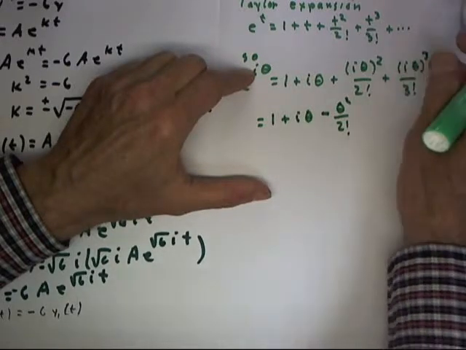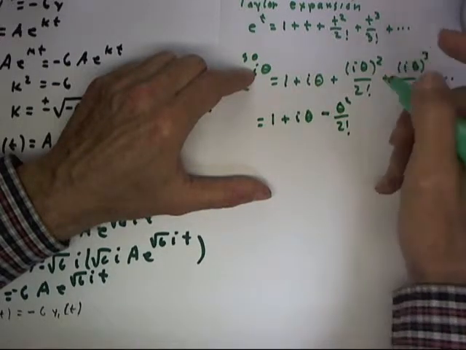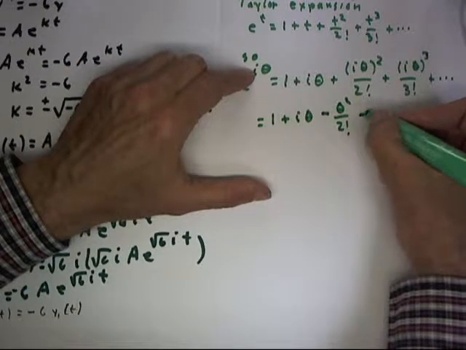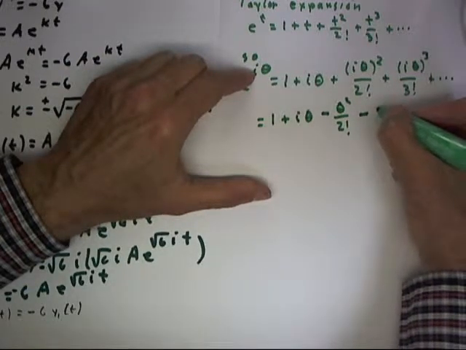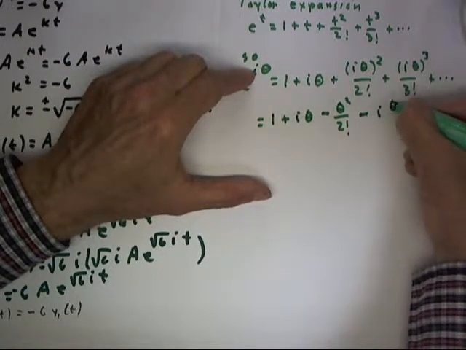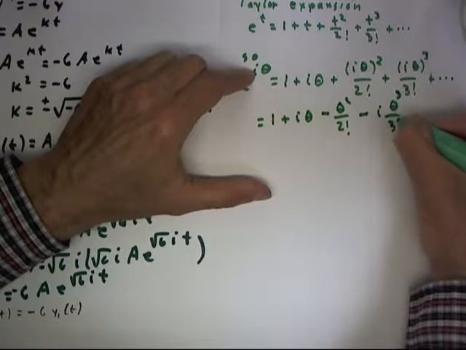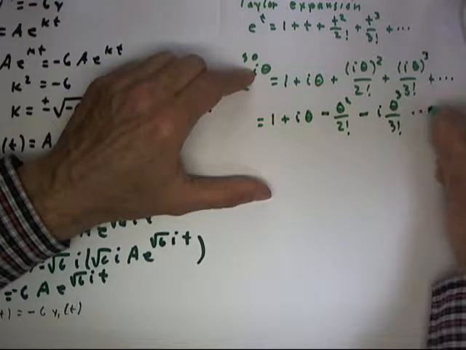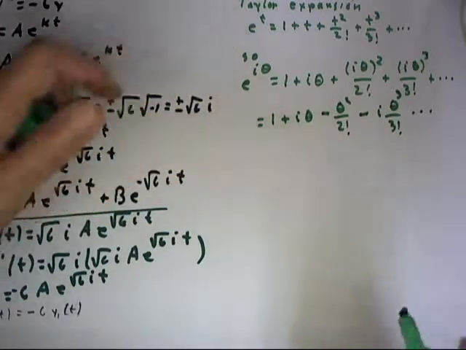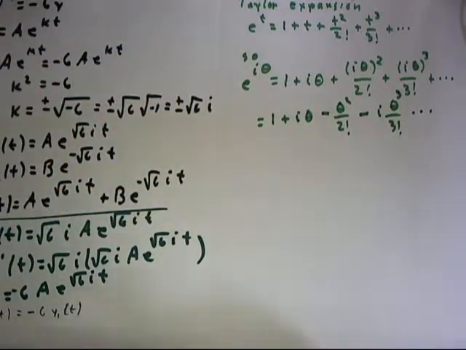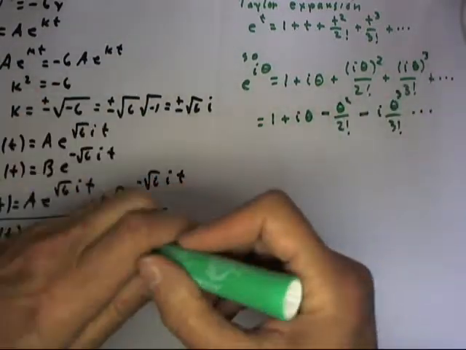This term, well, i cubed is -i, as you can easily verify. So we're going to have -i times theta cubed over 3 factorial. And this is going to continue.